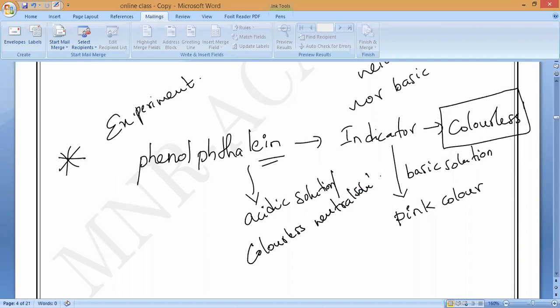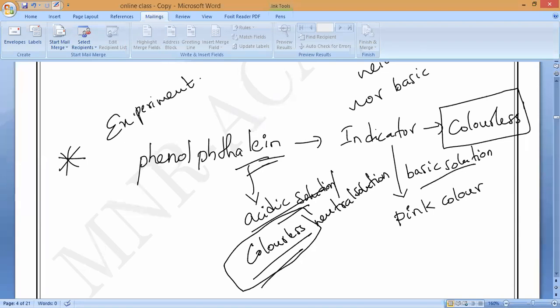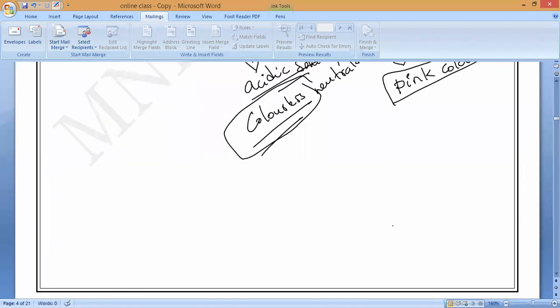For acidic solution as well as neutral solution, the phenolphthalein color is colorless only. So we can use this indicator in this experiment. Only when it reacts with basic solutions, phenolphthalein turns into which color? Pink color.